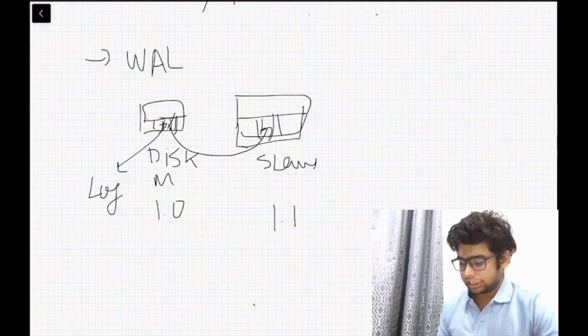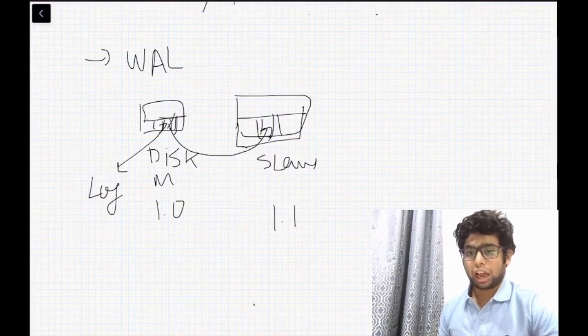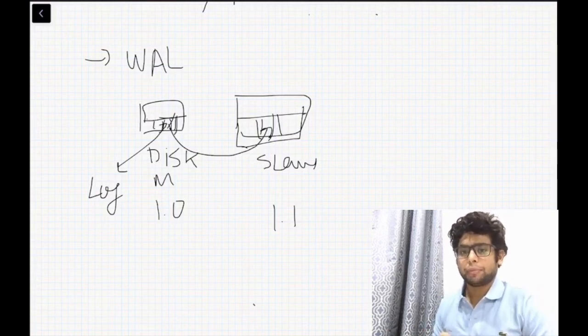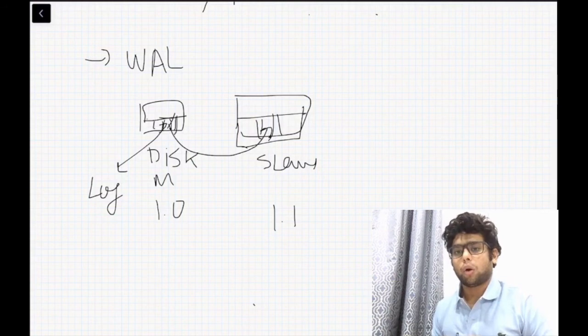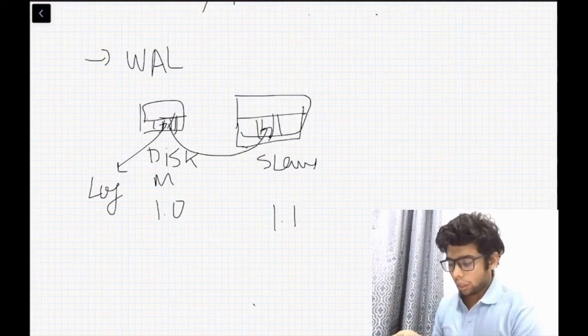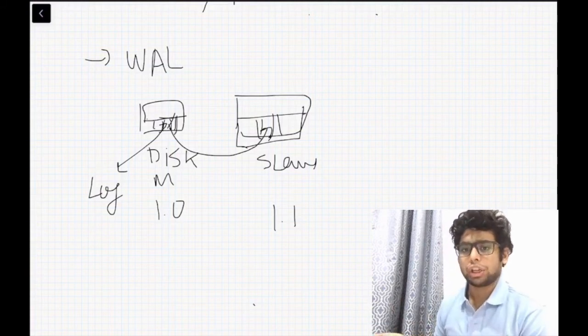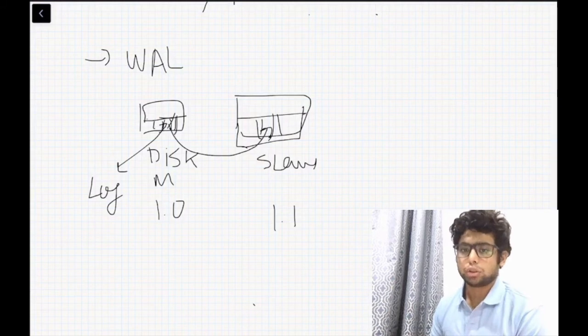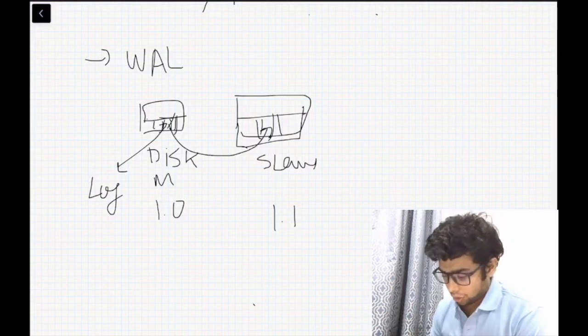So let's say between 1.0 and 1.1 there was a change in this. So what I would have to do is take a downtime and make everyone 1.1, or just keep it at 1.0. You can't have rolling upgrades with write ahead logs. So this is one of the disadvantages. No rolling upgrade.